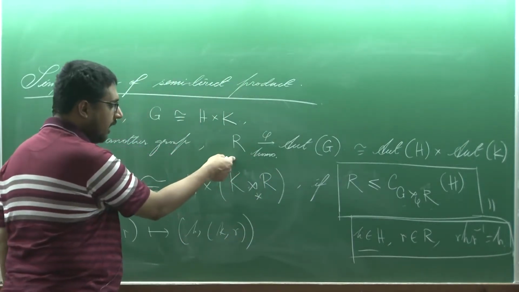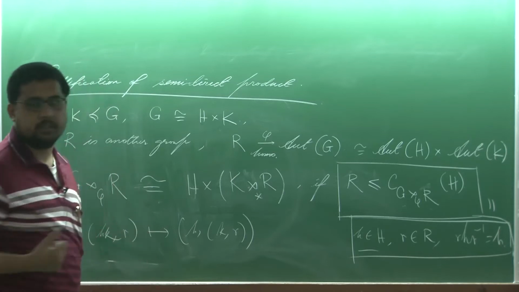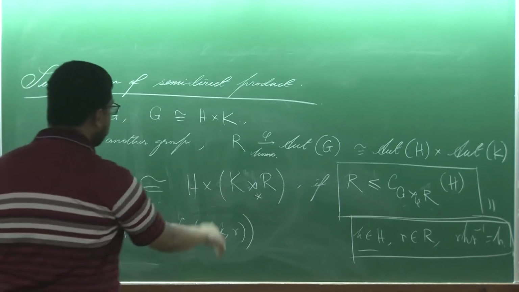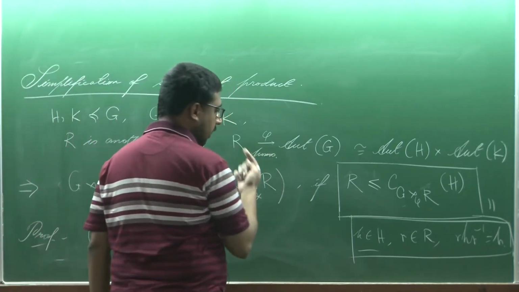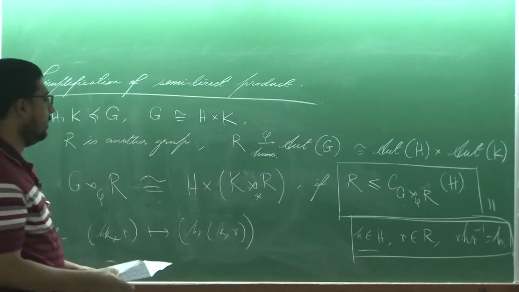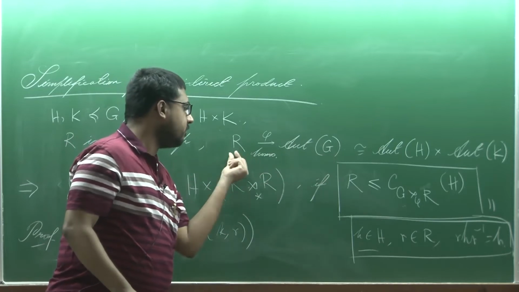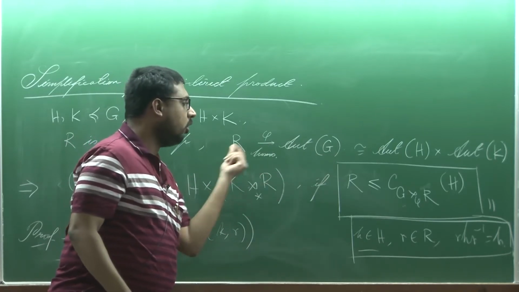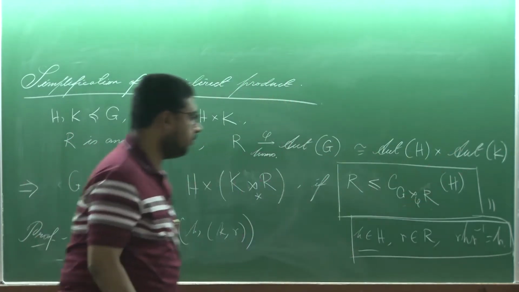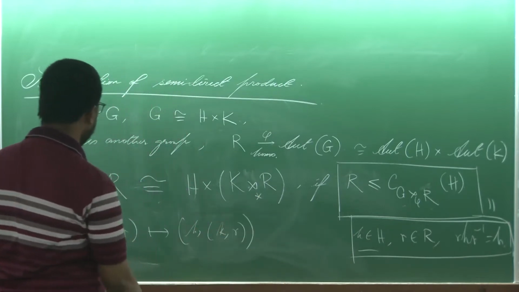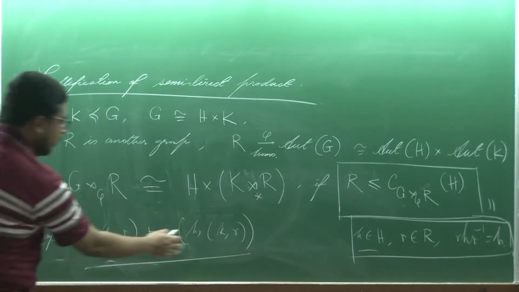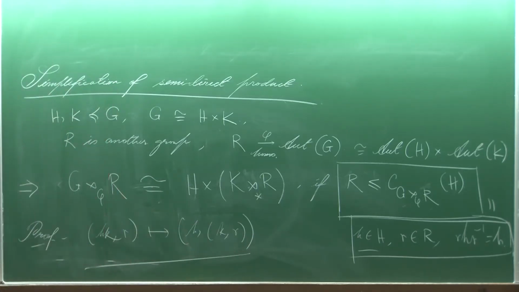Corresponding to every x, phi x is an automorphism of G. We restrict phi x to K, which gives a homomorphism from R to Aut(K). So again, R to Aut(K) is obtained by restricting all the automorphisms corresponding to the elements of R to K. That is the homomorphism we are considering here. Once we see this, it's a routine verification that this is an isomorphism.